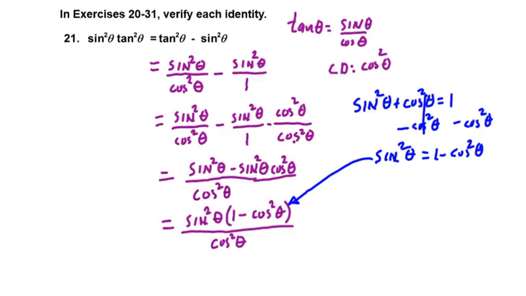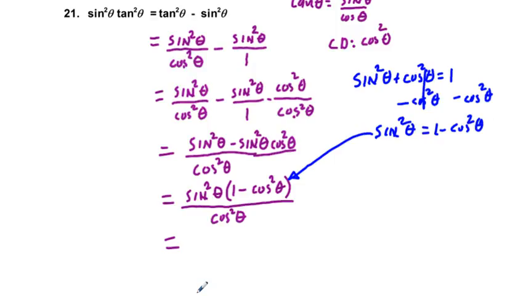So now we're going to come below and make a little more room here. We're going to have sine squared theta times sine squared theta over cosine squared theta. Well, sine squared theta over cosine squared theta equals tangent squared theta, right?